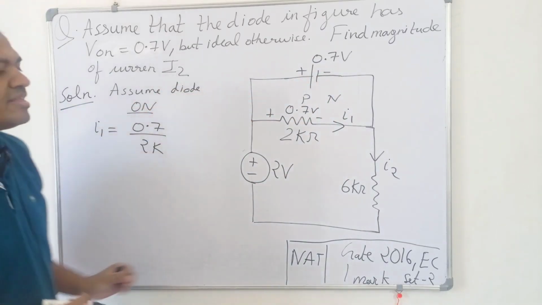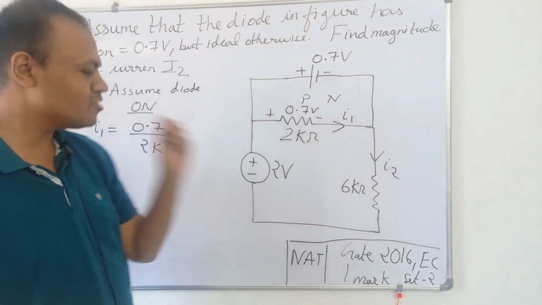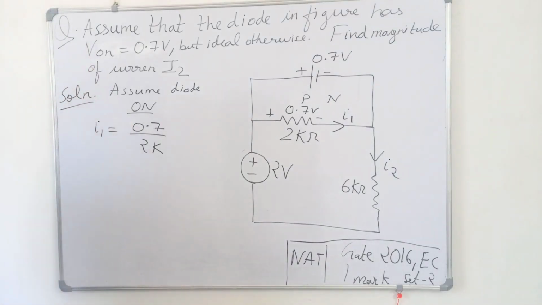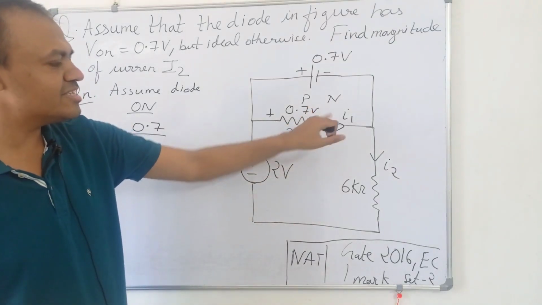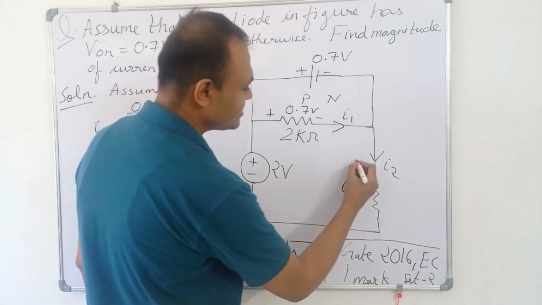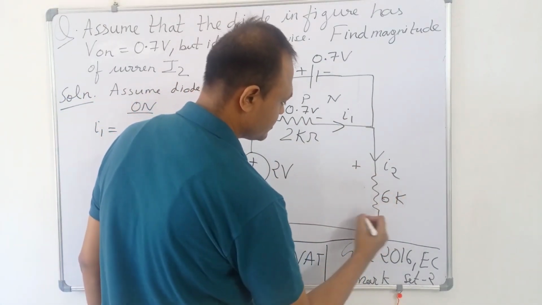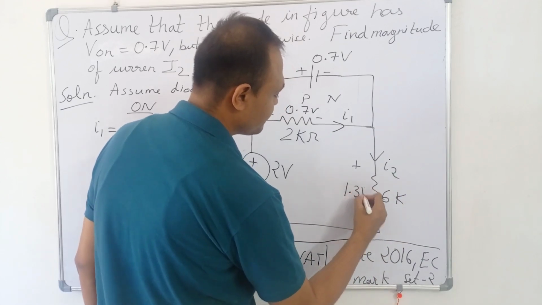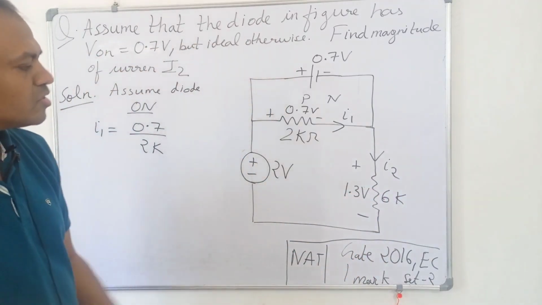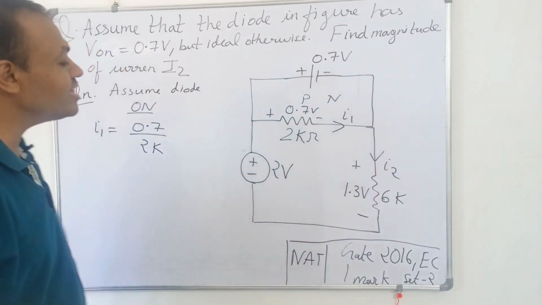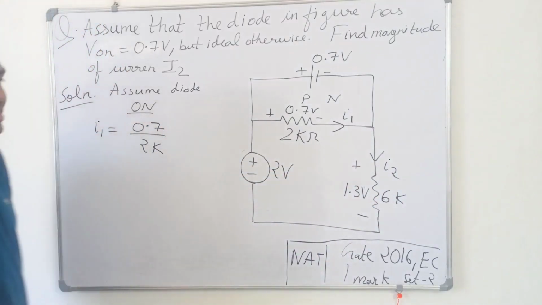Now apply KVL in this loop. This is 2 volt, this is 0.7 volt, so obviously this voltage should be 1.3 volt. Because if we apply KVL, then the total voltage should be equal to 0.